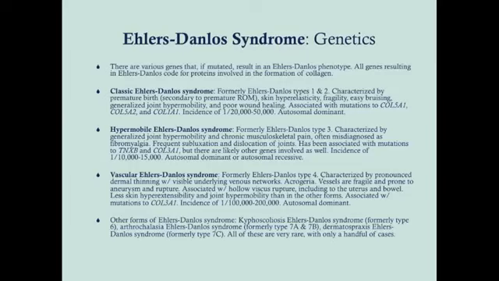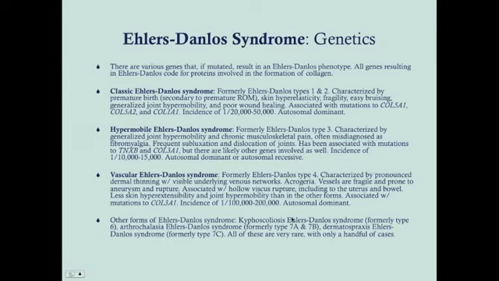This is also associated with hollow viscous rupture, particularly including the uterus and the bowel. And this is associated with less skin hyperextensibility and joint hypermobility than in the other forms. And this is highly associated with mutation to COL3A1. The incidence is about 1 in 100 to 200,000, and this is also an autosomal dominant inheritance.